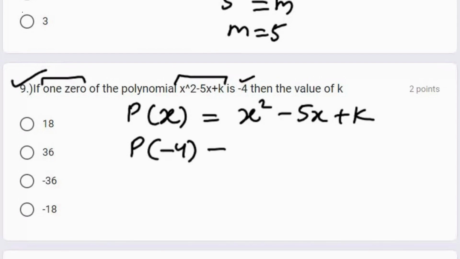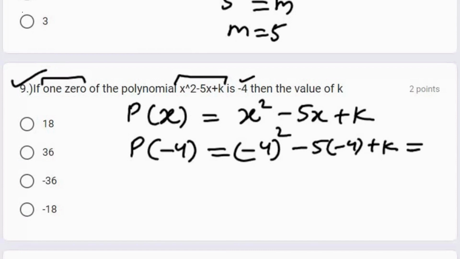So in place of x, wherever you see x, there you plot negative 4. And since negative 4 is one of the zeros, the moment in place of x you plot negative 4, you have to write the polynomial equal to 0. So now you have a nice equation in which only one unknown term, and you can find the value of unknown term.